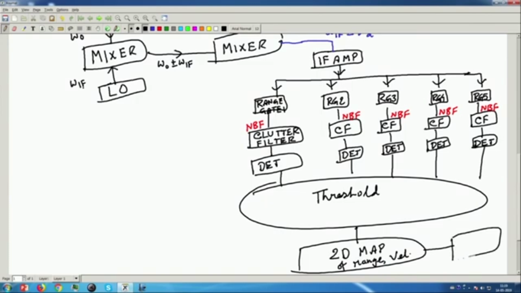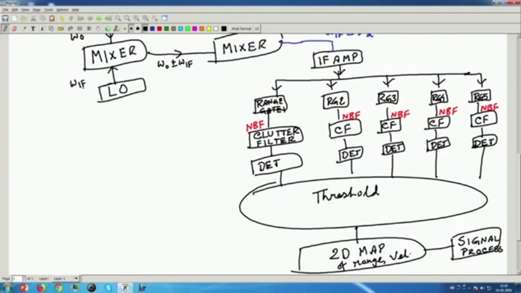The next block of a pulse Doppler is after this the signal processor. We will also see this signal processing later. This IF amplifier is also one processing of the signal, usually a match filter, and this one we will see in the signal processor. So, this is the overall block diagram.